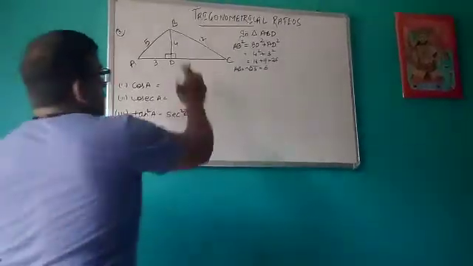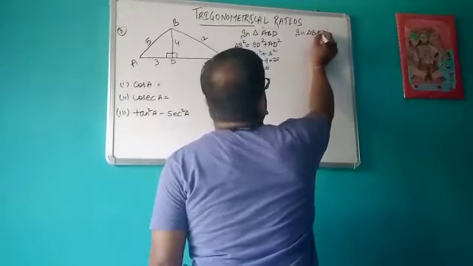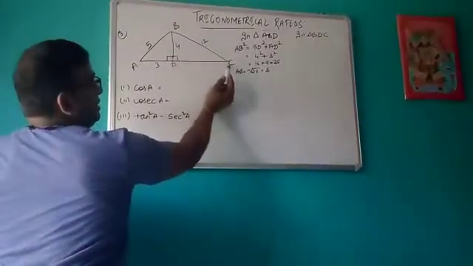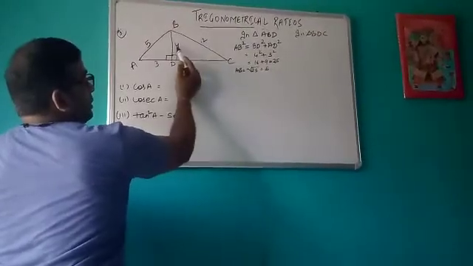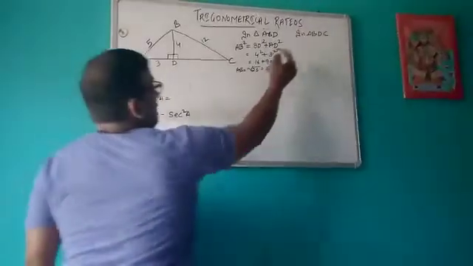Now again we consider one more right angle triangle, triangle BDC. In this triangle BDC, BC will be your hypotenuse, this may be your base, and this may be your perpendicular. So we will find DC, and how?